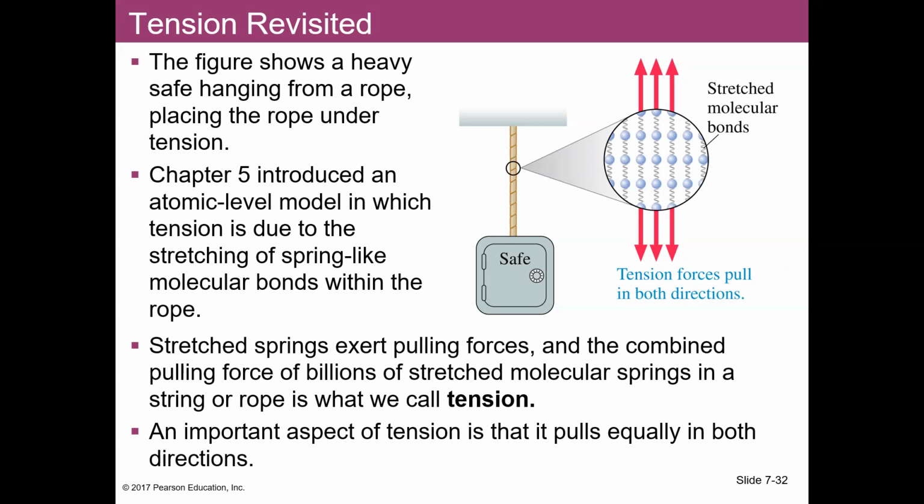And in general, if the rope is hanging vertically, the tension will actually increase with height. Because the bottom of that rope only has to support the block. But as you go further and further up in the rope, the higher parts of the rope have to support not only the block, but also all the rope below it.